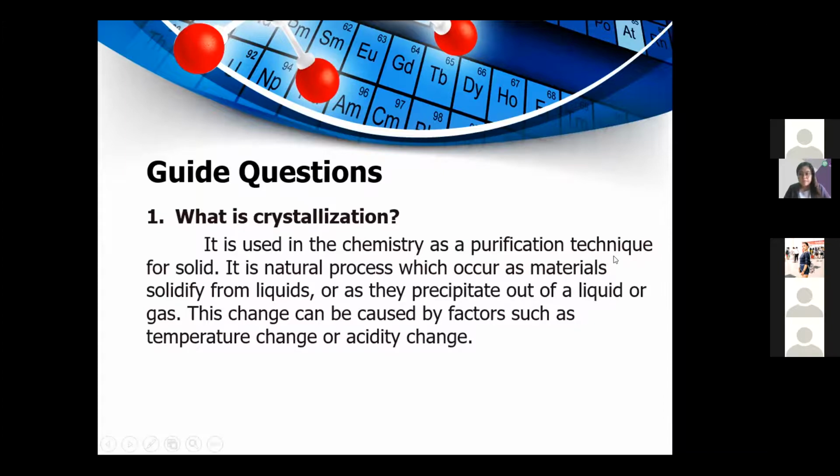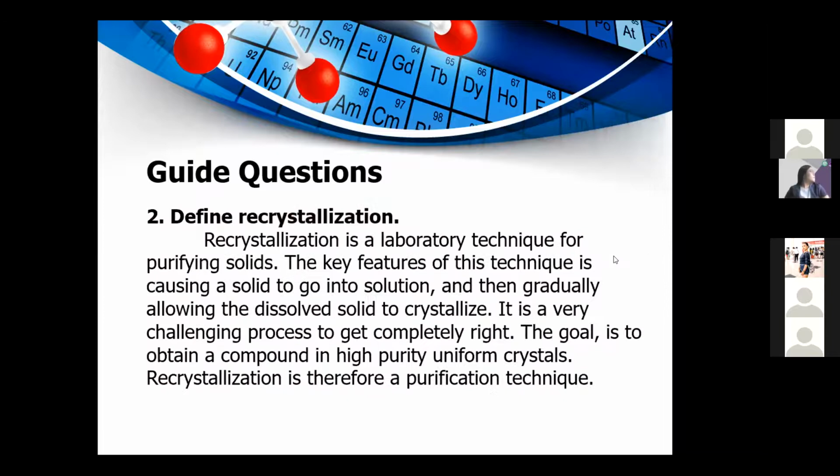So, what is crystallization? It is used in chemistry as a purification technique for solids. It is a natural process which occurs as materials solidify from liquids or as they precipitate out of a liquid or gas. This change can be caused by factors such as temperature change or acidity change. Number 2, define recrystallization.